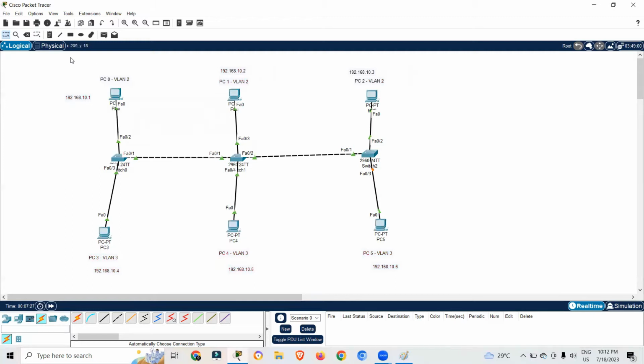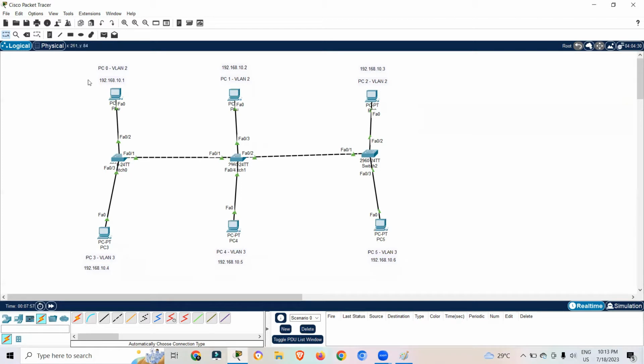So can these PCs communicate or not? Why can they communicate if there is no trunk port? How can they communicate if these links are not trunk links?